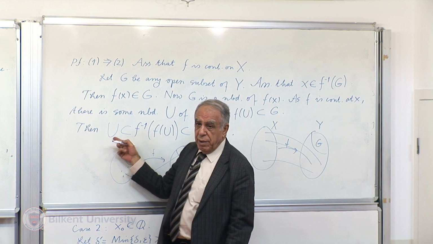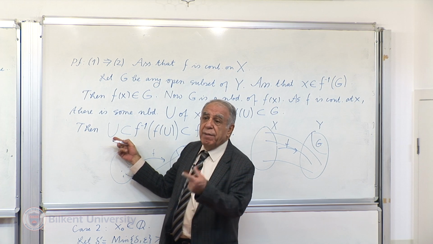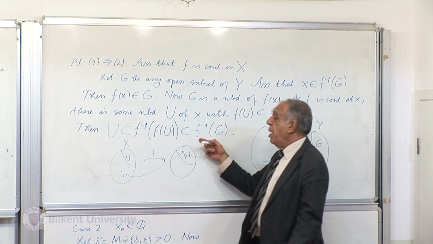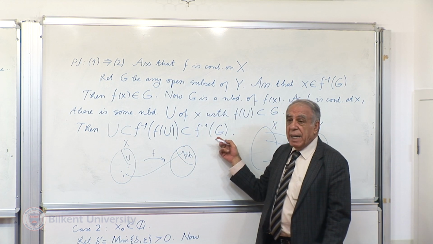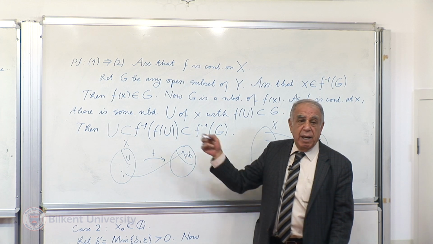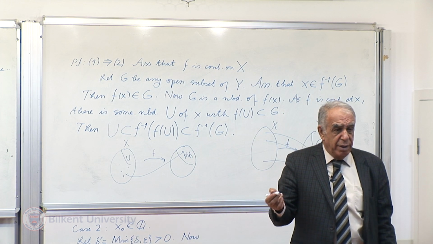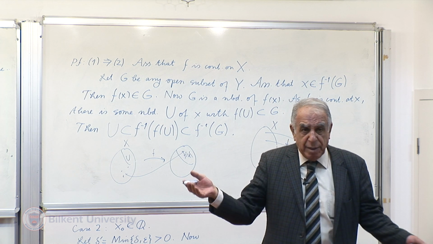What was U? It was a neighborhood of x. What can we tell about any superset of a neighborhood of a point? That will be a neighborhood as well.